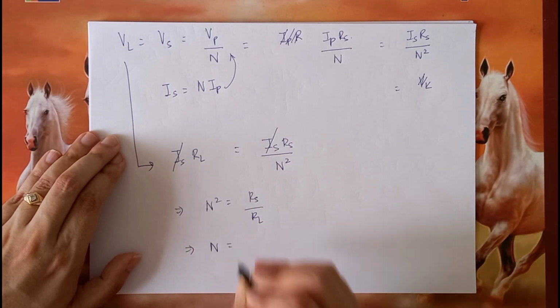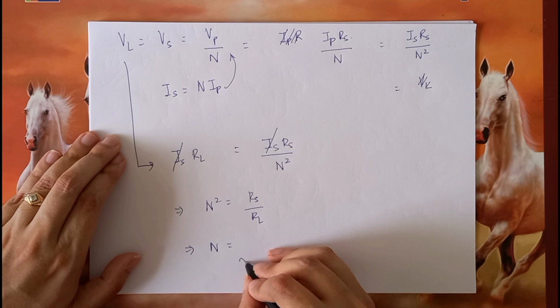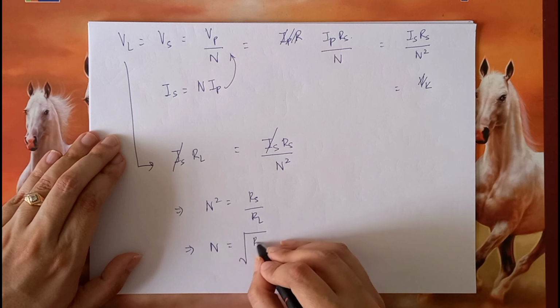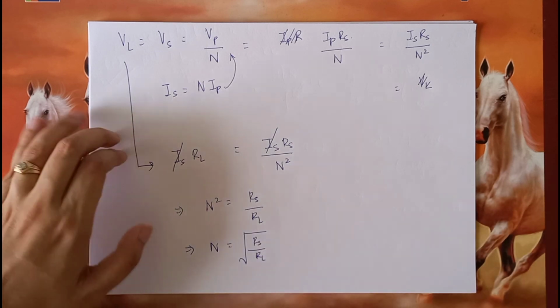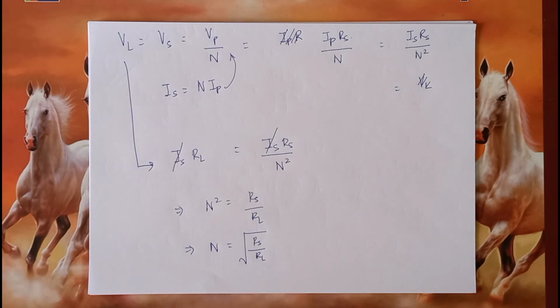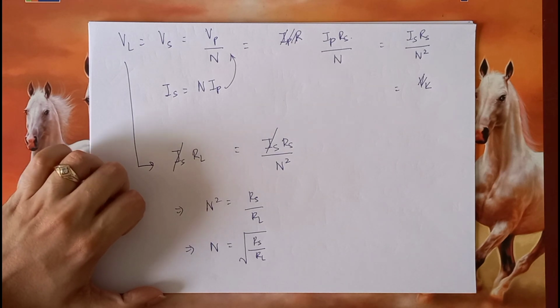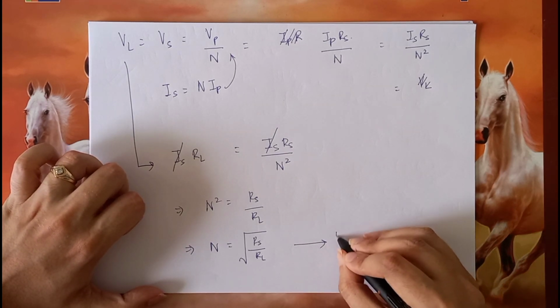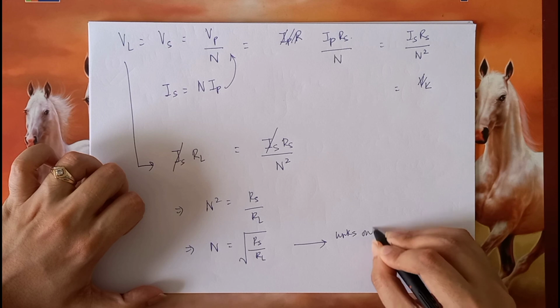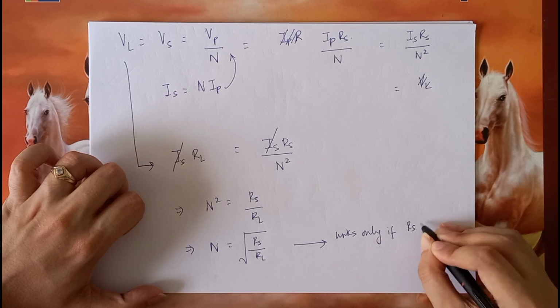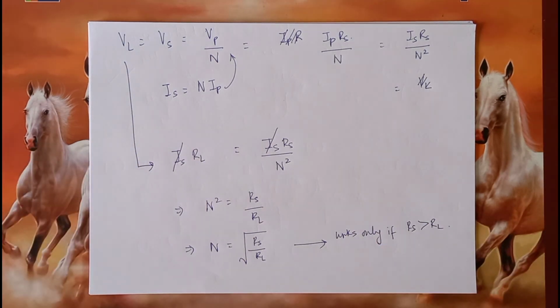So that means if I have a transformer that works at RF frequencies, all we need is a turn ratio of this. So if we are looking for a step down transformer, this will work only if RS is more than RL, because we are looking at a step down transformer.